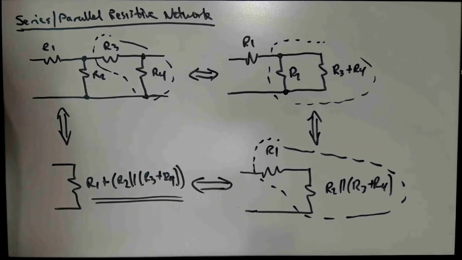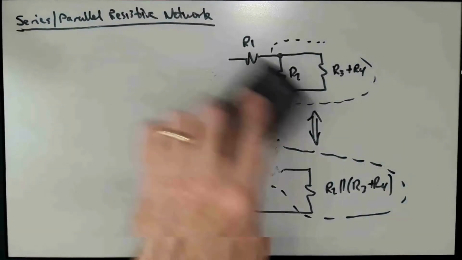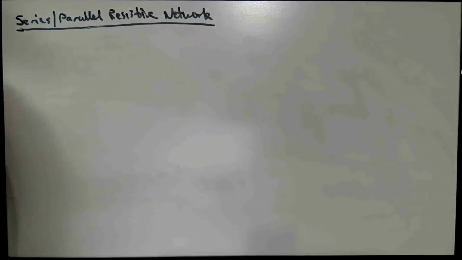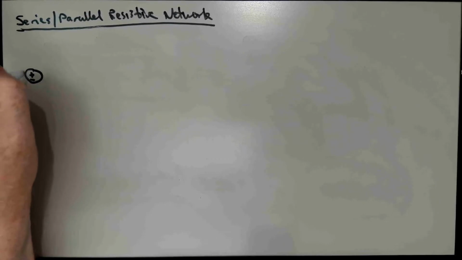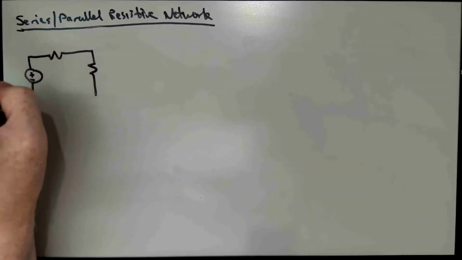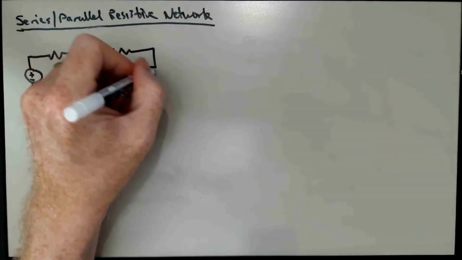Okay? So in particular, what we're going to be concerned with is trying to find out if we had, let's say, a voltage source connected to the left-hand side of this 4-resistor network.